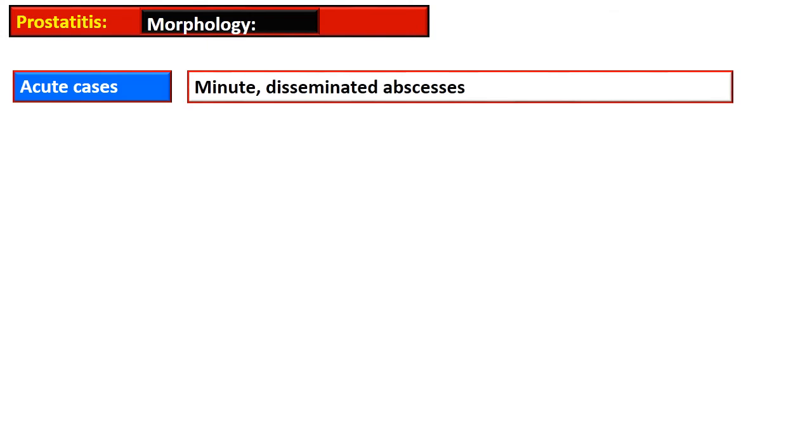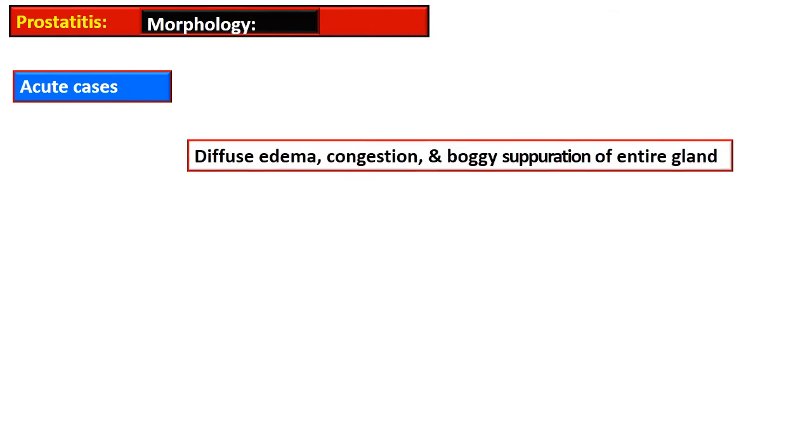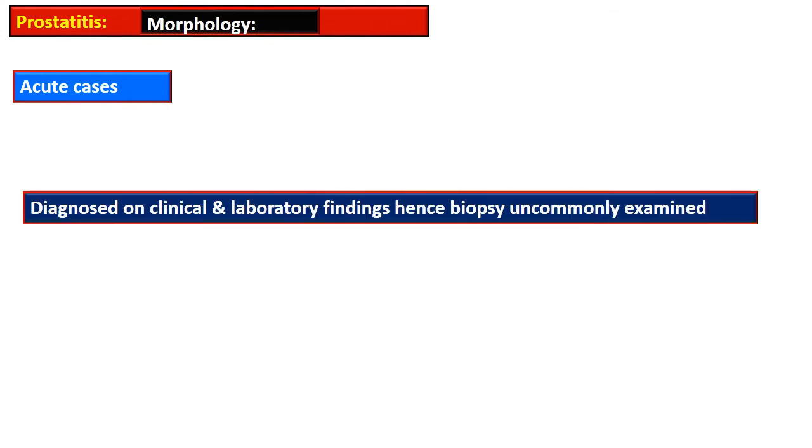The acute cases of prostatitis morphologically present as minute or disseminated abscesses. There may be presence of large confluent focal areas of necrosis. There is presence of diffuse edema, congestion and boggy separation of the entire gland, but mostly these prostatitis cases are diagnosed on clinical and laboratory findings.